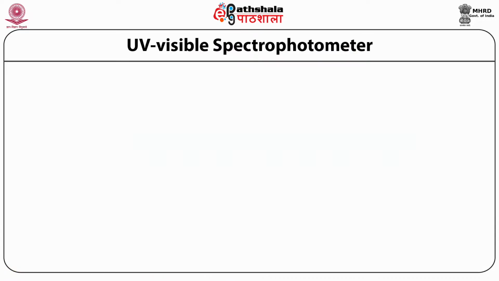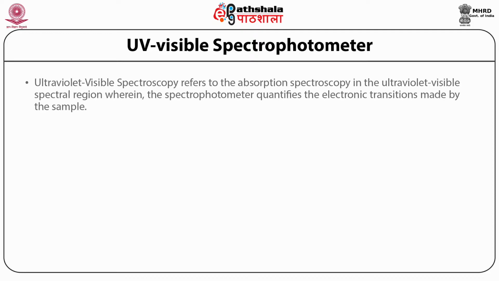UV visible spectrophotometer. Ultraviolet visible spectroscopy refers to the absorption spectroscopy in the ultraviolet visible spectral region, wherein the spectrophotometer quantifies the electronic transitions made by the sample.